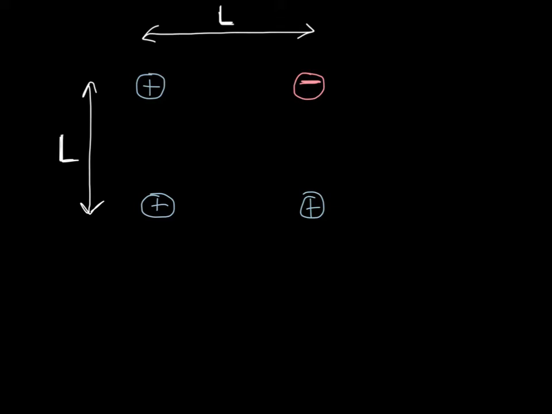So we know force is additive, so we need to add up all the different forces that we have. So let's label these charges. Let's label this one up here charge number 1, charge number 2, charge number 3, and charge number 4. So what we're going to do is find the total force on the fourth charge to be equal to the force of the first charge on the fourth charge.